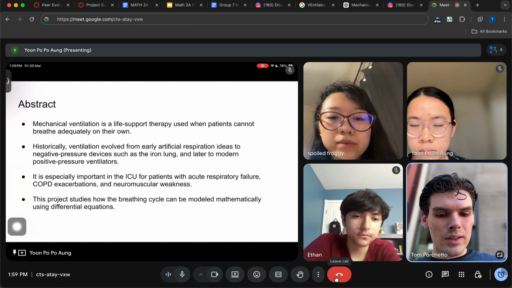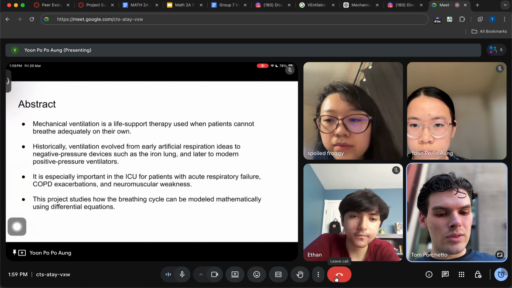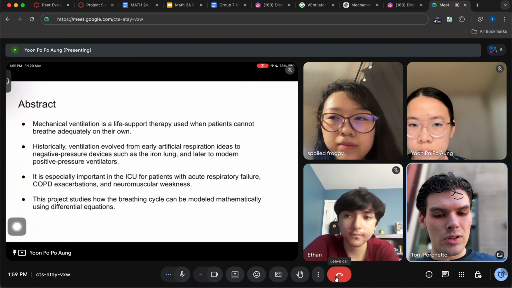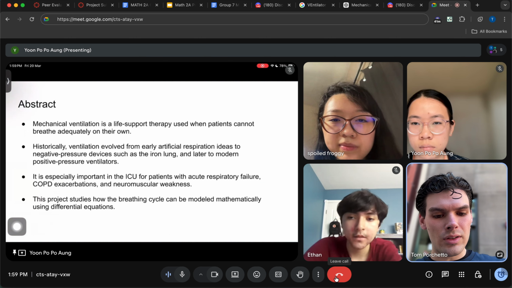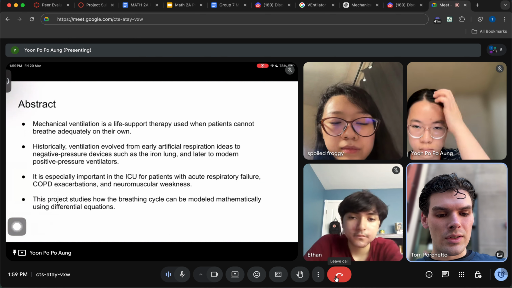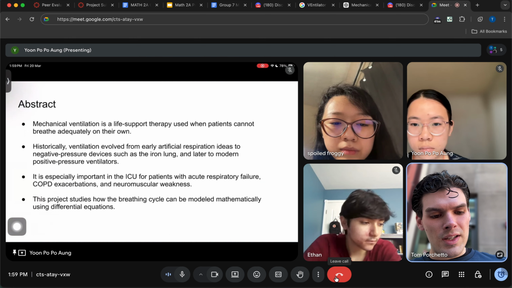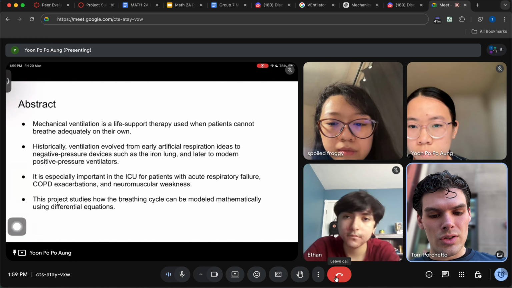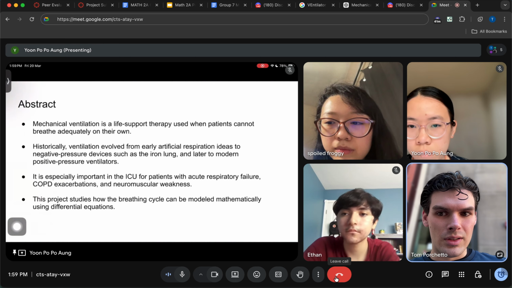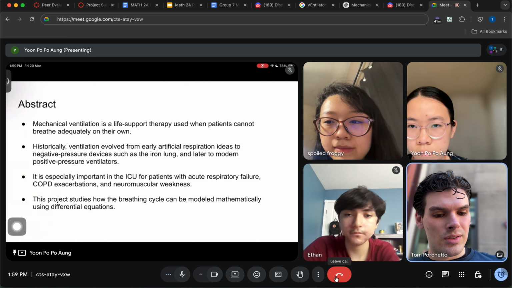Clinically, mechanical ventilation is used in the management of acute respiratory failure, severe COPD exacerbations, and other conditions that impair gas exchange.